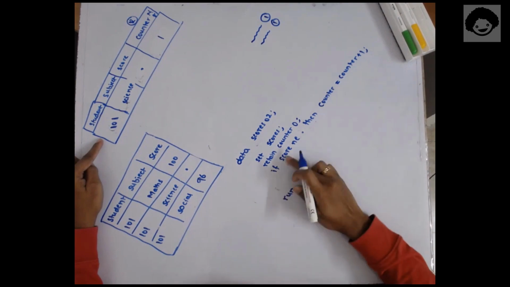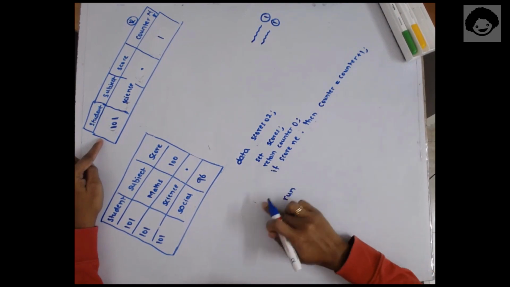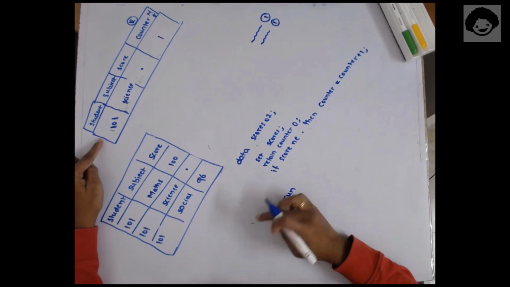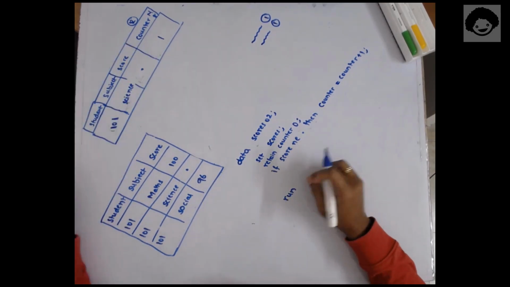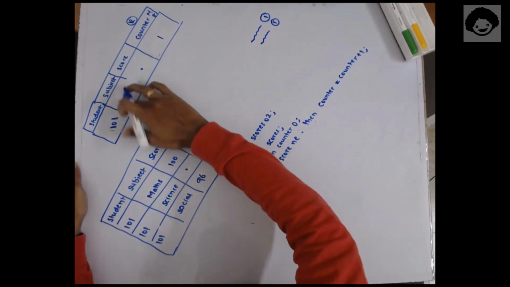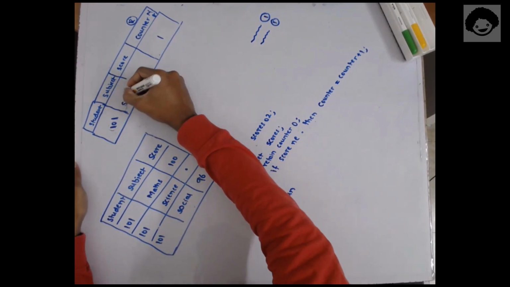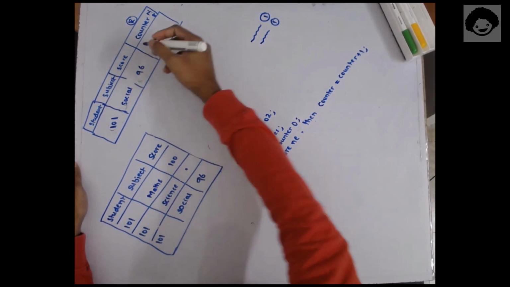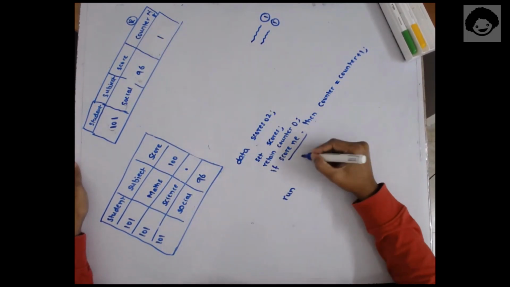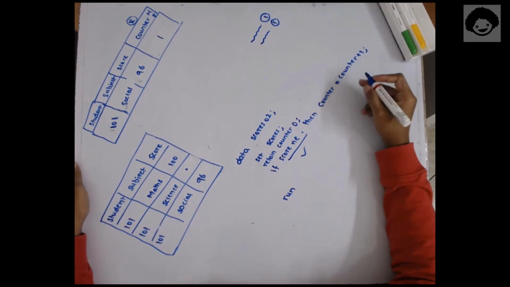If we had not used retain, the counter variable's value would have been set to missing. But as we have used retain, it is 1 in memory, and then it goes and processes the next record. This one is social, right? And then the associated score. Is score not equal to missing? Yes. Then it executes this counter statement.